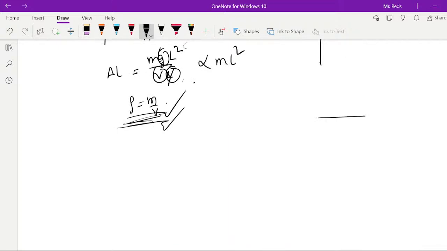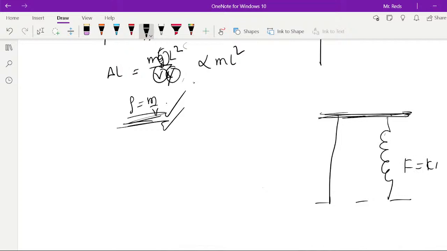It's actually you have to consider a string and another. If you compare with a spring, you have to understand the spring constant. If you compare this with the spring, spring force F is equal to kx.